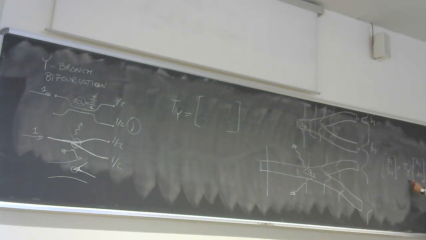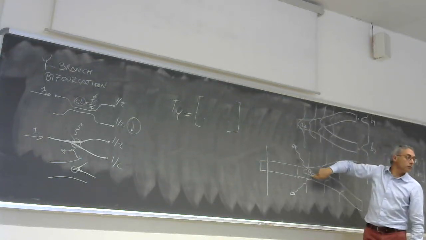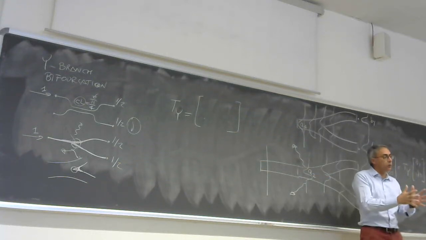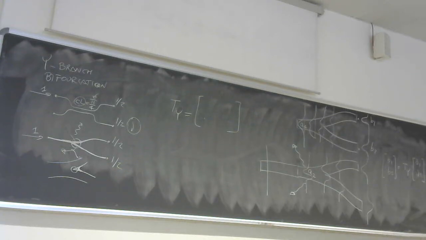So we have a 4 by 4 matrix that relates the complex amplitude of these 2 modes with the complex amplitude of these 2 modes. These 2 modes share the same physical waveguide, but this is the tail, it's not a problem. The port is related to the mode. So if you know the amplitude of the mode on one side, you know immediately the amplitude of the mode on the other side. And this is what you want.